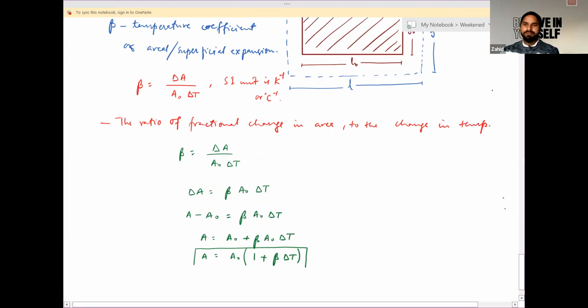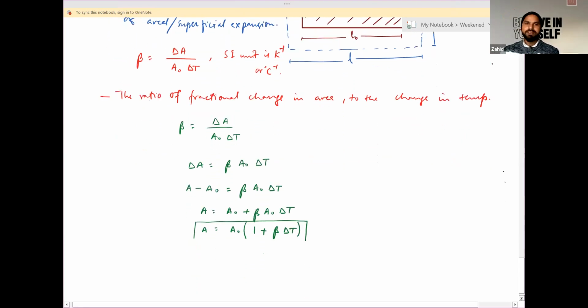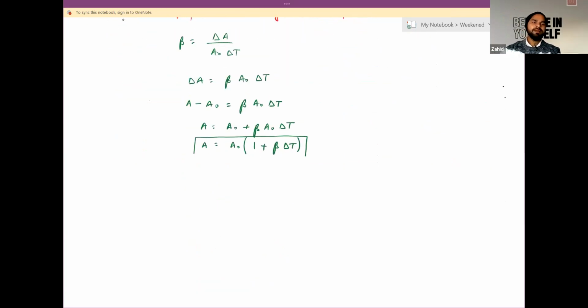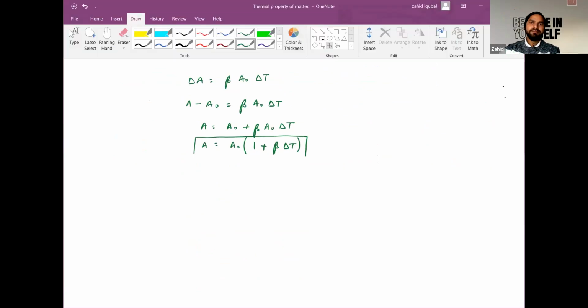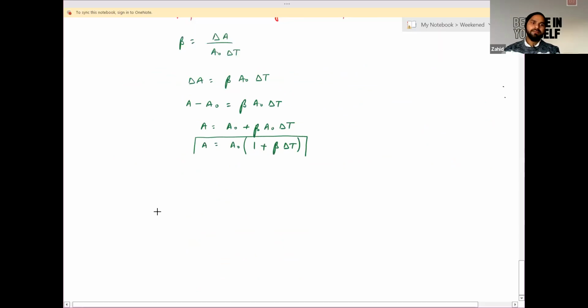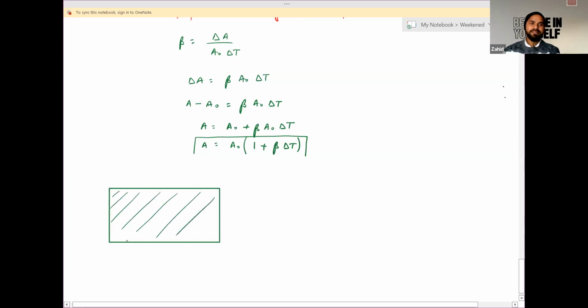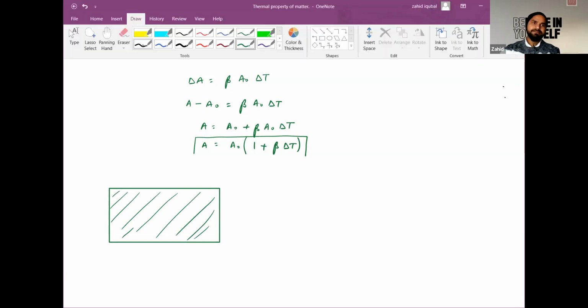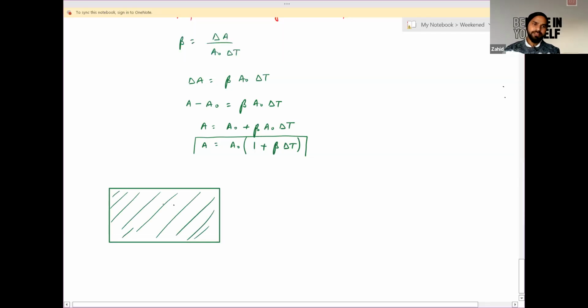Now, there will be a question related to this areal or superficial expansion. Suppose you have a rectangular sheet like this, and a hole is cut out at this point.